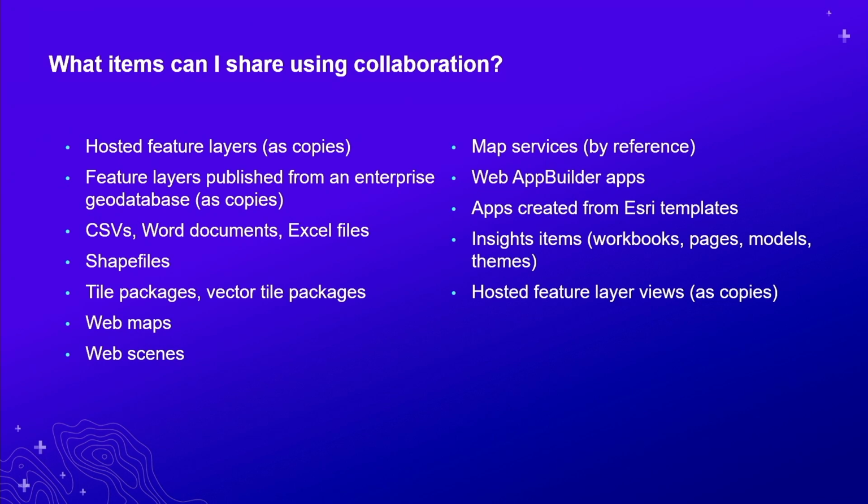We can also share feature layers published from an enterprise geodatabase as a copy. We can share text files such as CSVs and Word documents and Excel files, shape files, different package files, web maps, web scenes, map services by reference only, and a variety of different application types, such as Web App Builder, any of the apps created from our Esri templates, or any of our insights items, workbooks, pages, models, or themes.